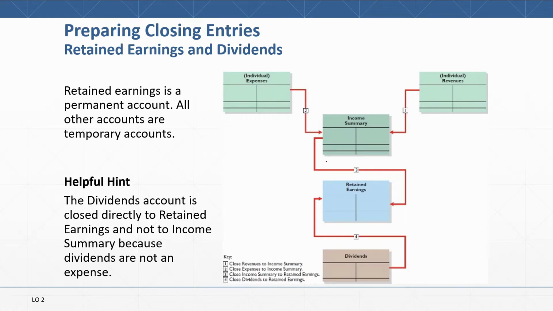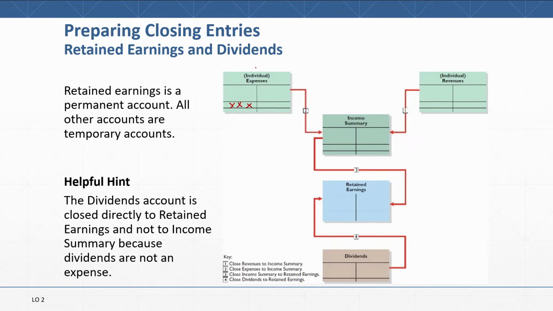Okay, now let's see how we technically can transfer the balance of our temporary accounts, expenses, revenues, and dividends, into the retained earnings account and close them. We expect to see a debit balance at the end of our accounting period for expenses, right?